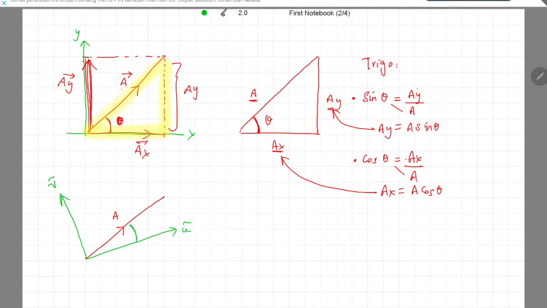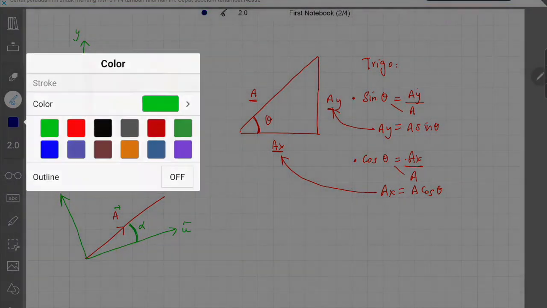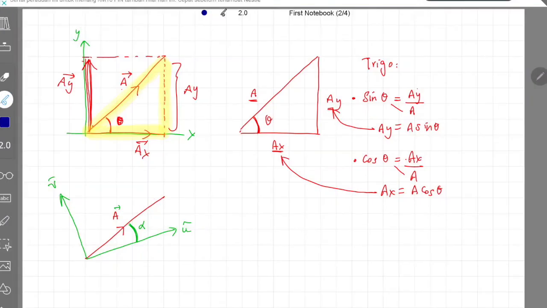Let's say we know the angle between the U axis and the vector A to be alpha. So can you calculate the corresponding value? Again similarly, if I were to resolve vector A into two directions, I can create the rectangular shape, and this would be my AU vector.